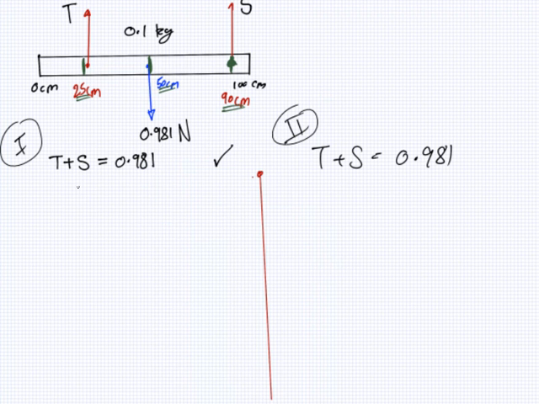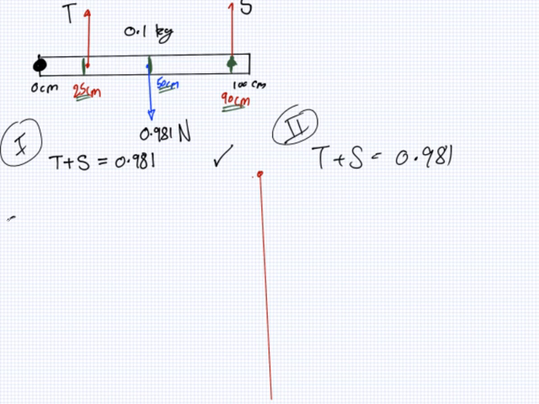Right, in this one, I'll make this the turning point. So if this is the turning point, what is this force? Is it clockwise or anti-clockwise? Anti, this one clockwise, and this one anti. So this plus this should equal this one here. So what's the first one?